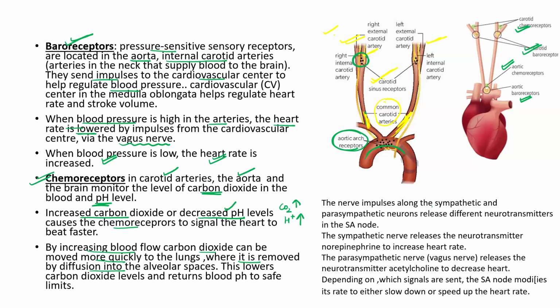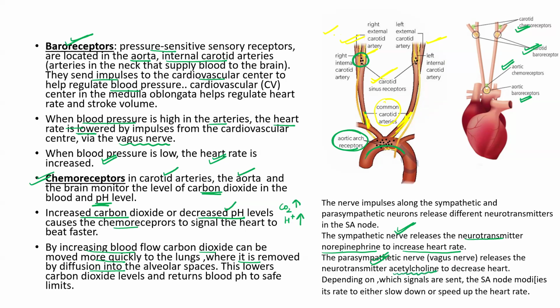We have already studied that sympathetic will increase the cardiac output and parasympathetic will decrease the cardiac output. Now, sympathetic nerves will help in the release of the neurotransmitter norepinephrine to increase heart rate. Now, parasympathetic will release the neurotransmitter acetylcholine.